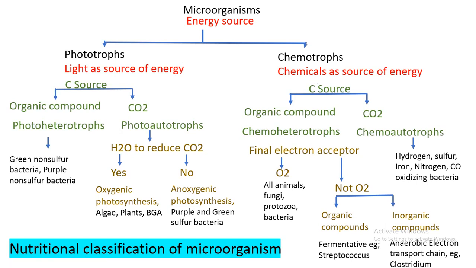Further, based on the carbon source that they make use of, they are categorized into photoheterotrophs that make use of organic compounds as a carbon source, and photoautotrophs that make use of carbon dioxide as a carbon source, meaning they can fix their own carbon.